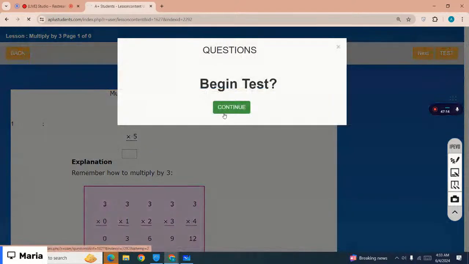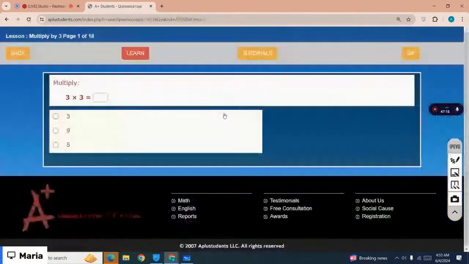Now you have to count a table of 3, right? 3 times 3 equals 9. Option number 2 is the correct option.